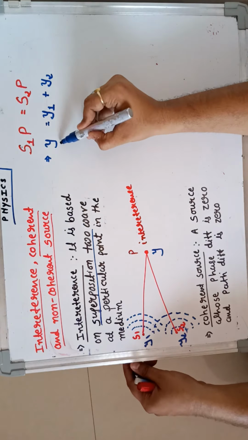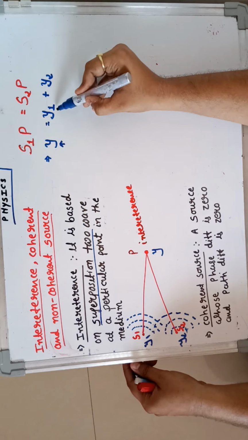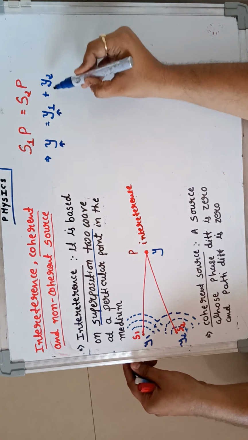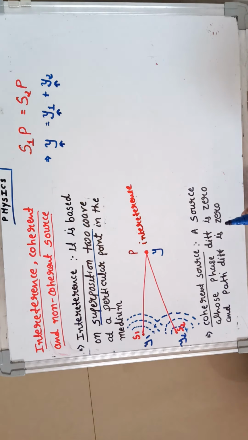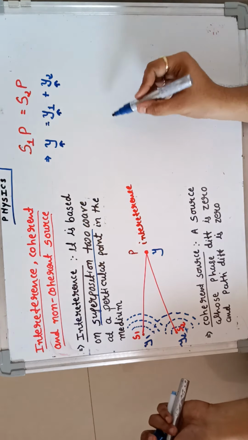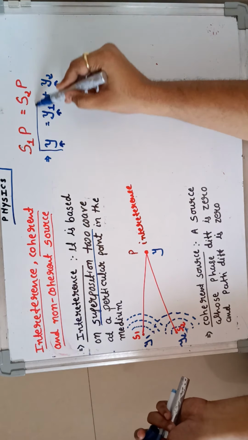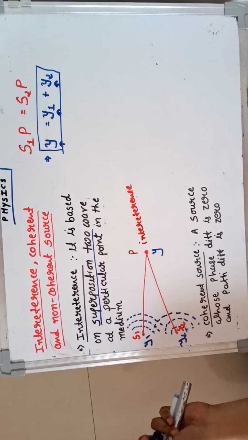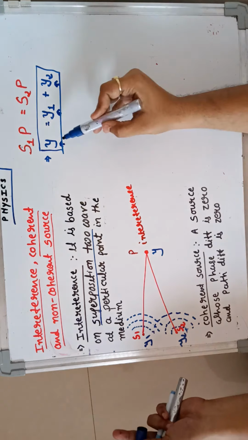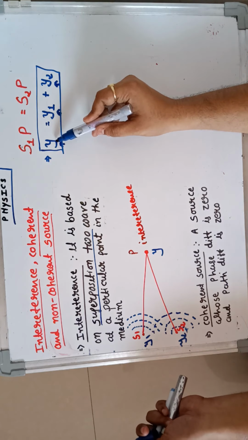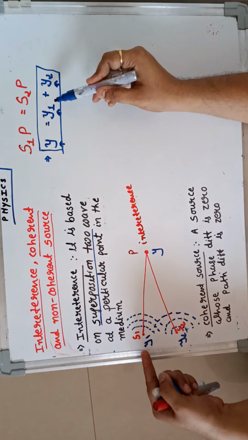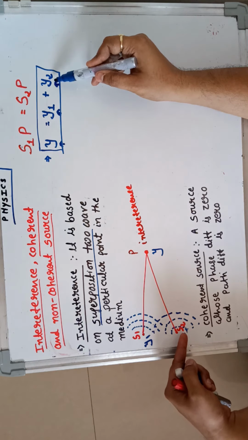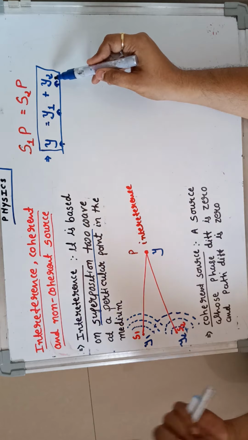The resultant displacement is the sum of two individual displacements. Y is the final displacement, y1 is the displacement of source S1, and y2 is the displacement of source S2.